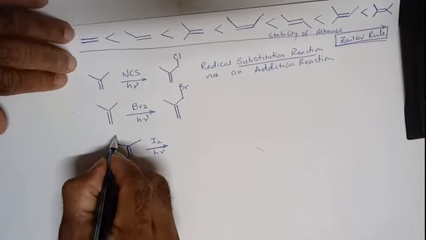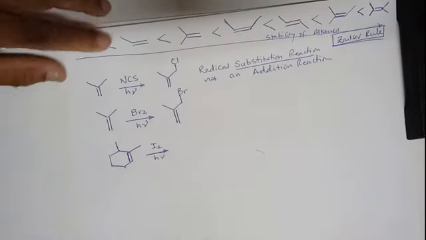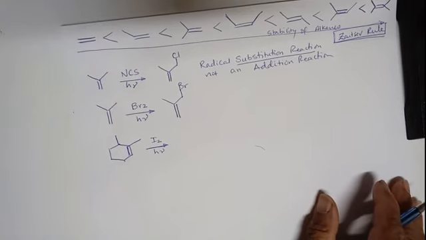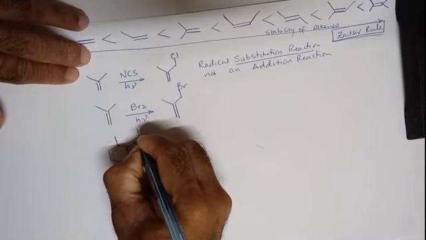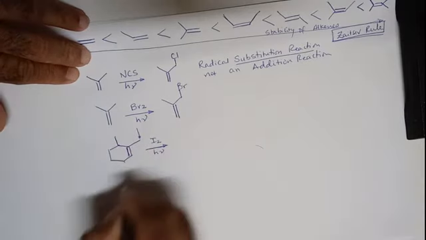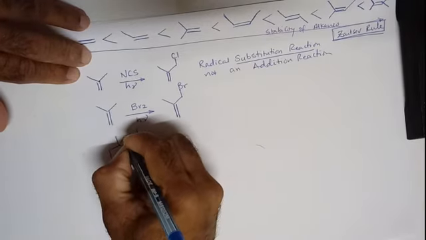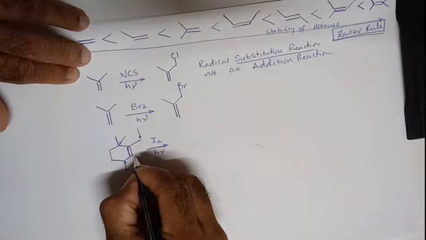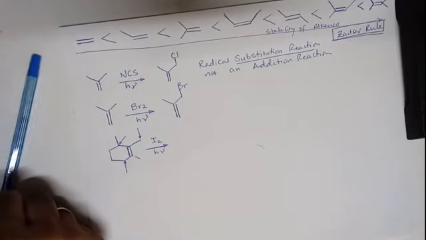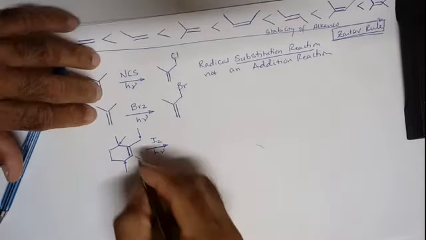Because hydrogen here is not allylic. Allylic ones can be resonating. Anytime there is a resonance, the radicals can stabilize. So it is critical for us to note that this reaction can only happen on this location, or this location, or this location. Okay? Don't be tempted to do a reaction here. Do not get tempted to do the reaction here.